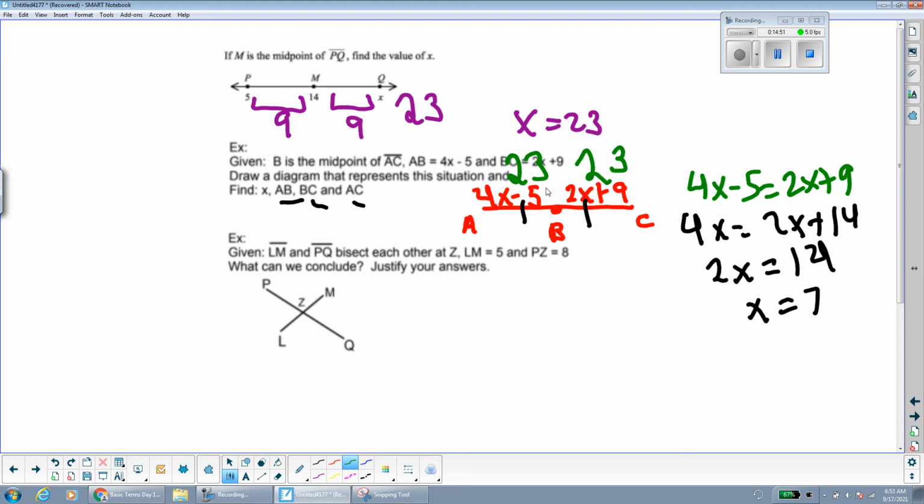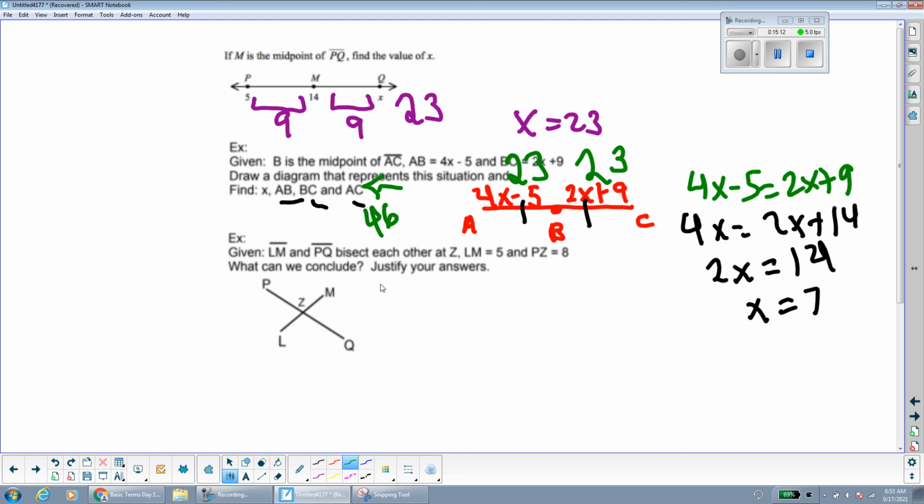And it also asks us to find the measurement of the whole line segment AC. 23 plus 23 is 46. That would be the whole line segment AC. And it works out because AB is in fact equal in measure to BC. And that's what it should be because B is the midpoint. Each half should be equal.